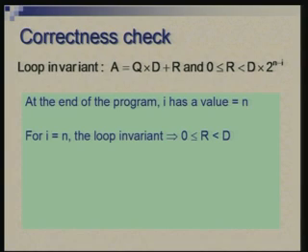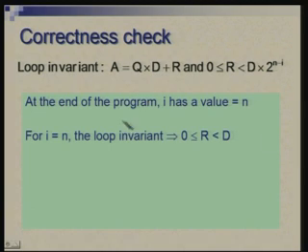So, at the end of the program, when the loop ends, i would have reached a value of n, and if we put i equal to n in this invariant, this will ensure that the remainder we are getting is less than the divisor. You see this equality a equal to q d plus r can be satisfied by many q r combinations. We are given a and d, d is initially b, and we are finding q and r, quotient and remainder.